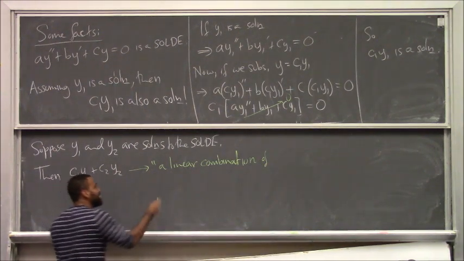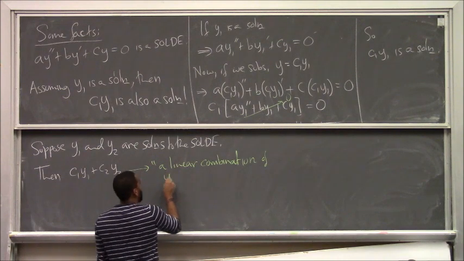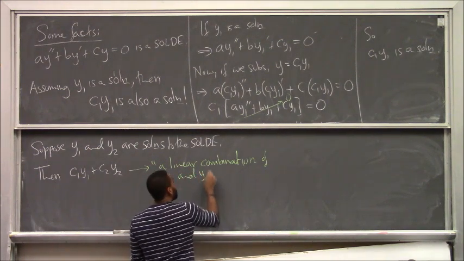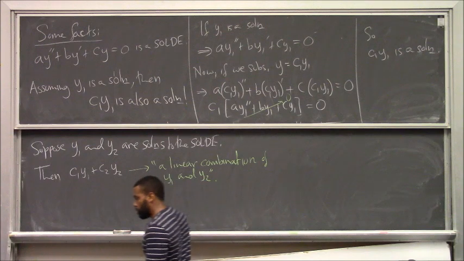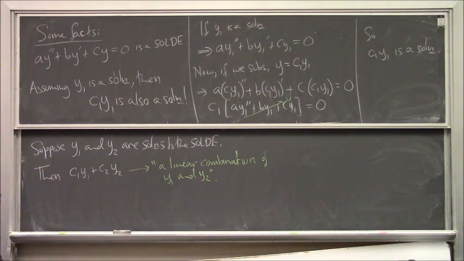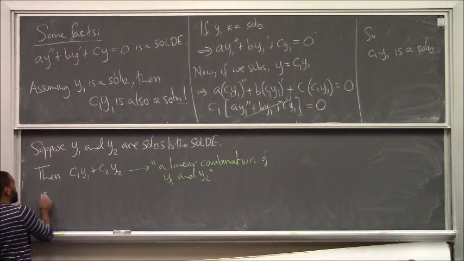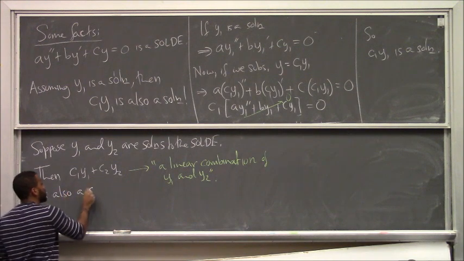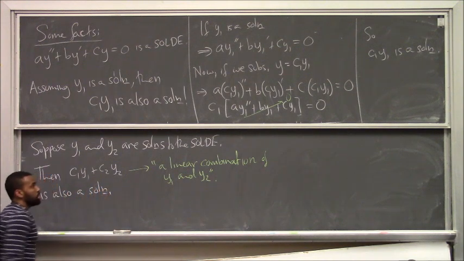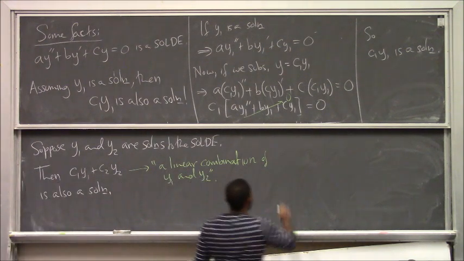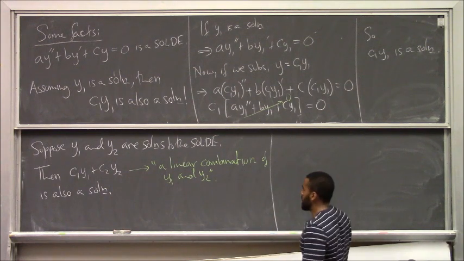A linear combination of Y1 and Y2. So it turns out that that guy is also a solution. Now that also is not going to be hard to prove because derivatives are nice.